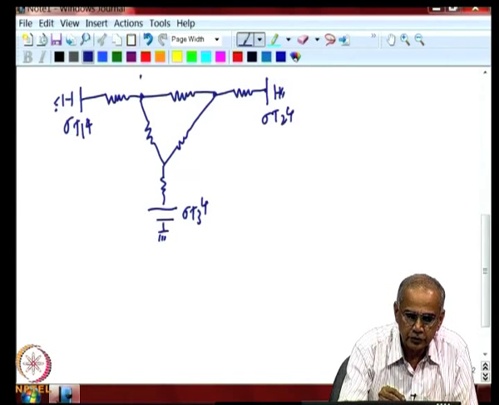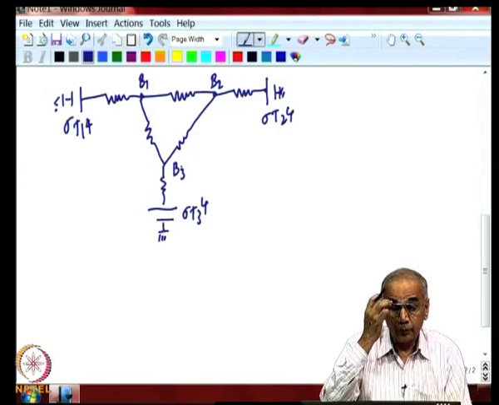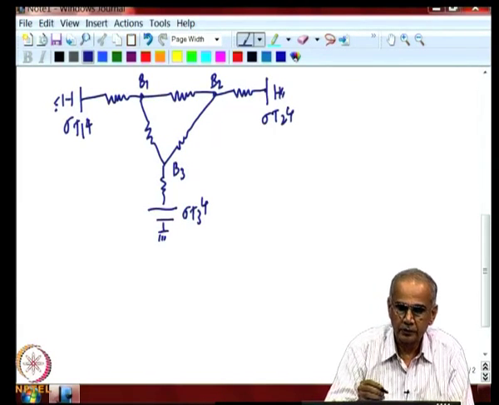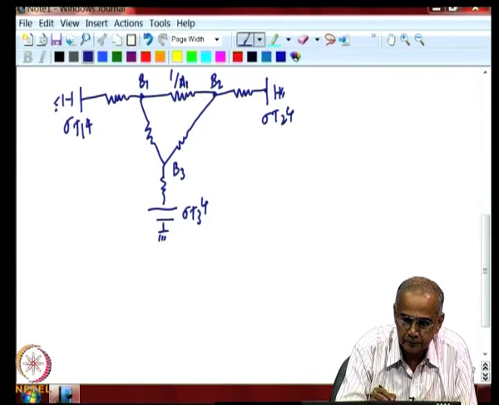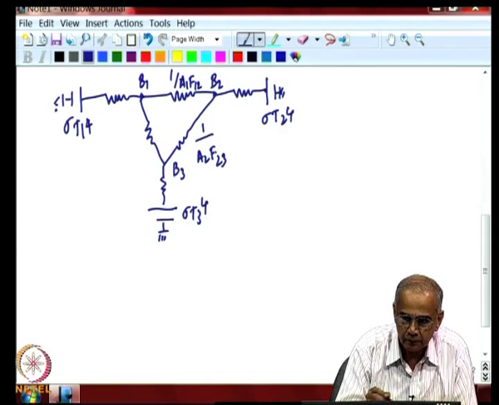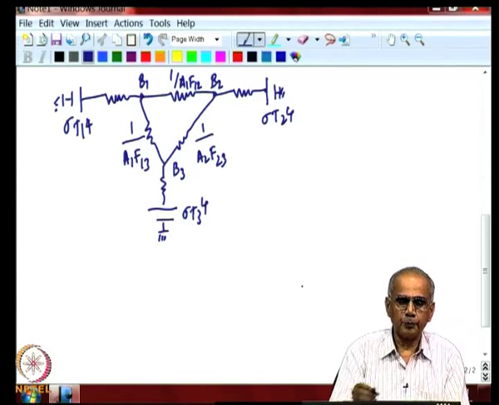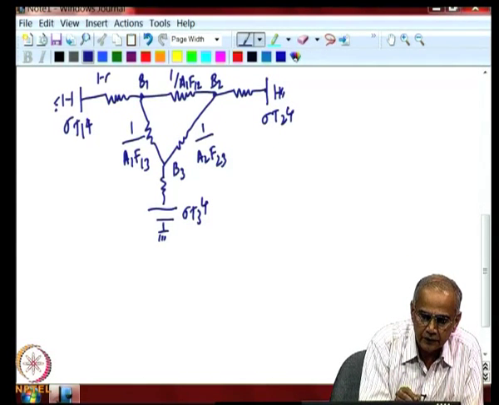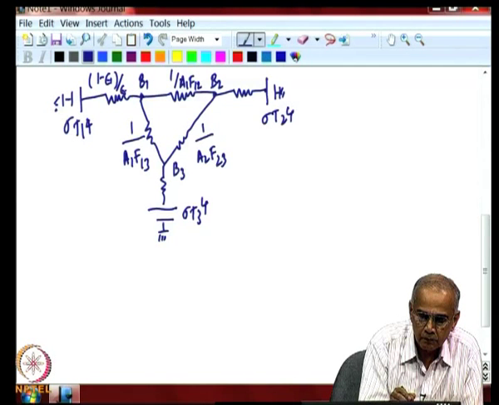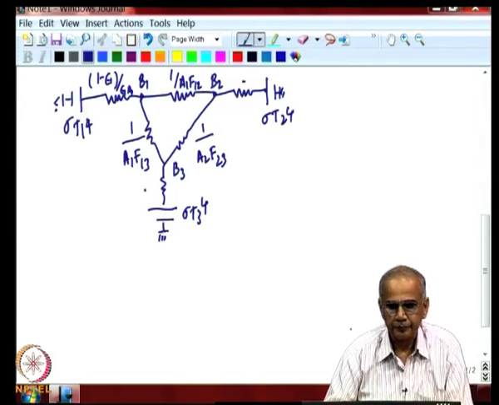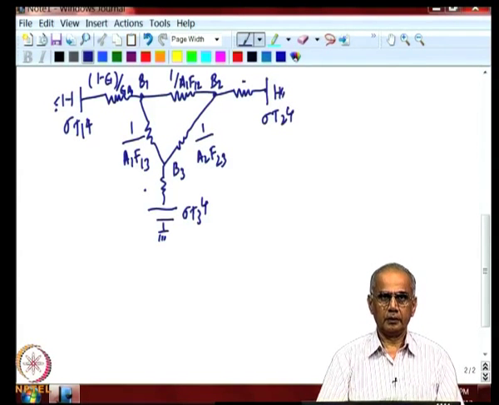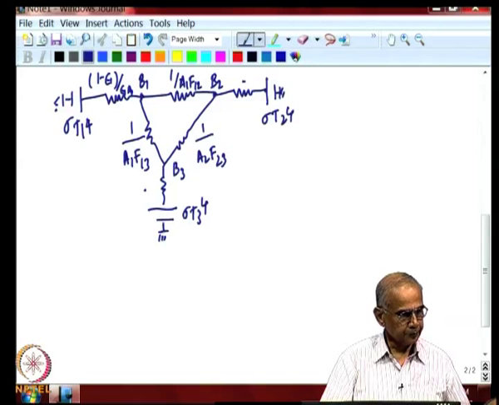So, this is radiosity point B1, this is radiosity point B2, radiosity point B3. So, between the 3 radiosity points, you have the geometric resistance, while between the radiosity point and the black body radiation is the surface resistance, and so on.